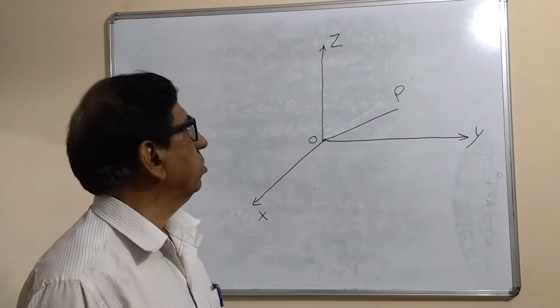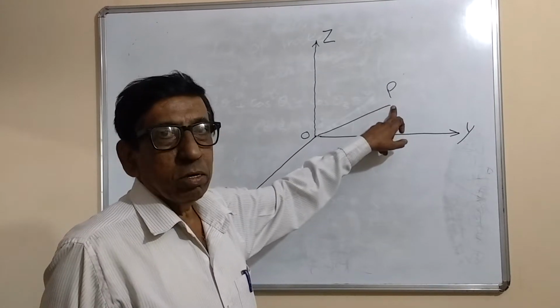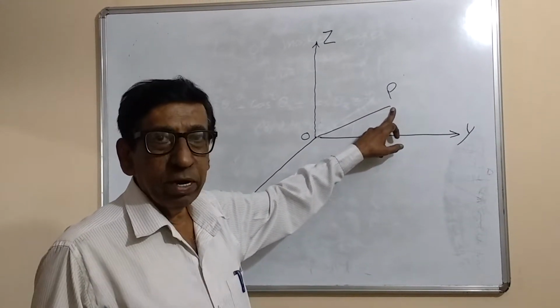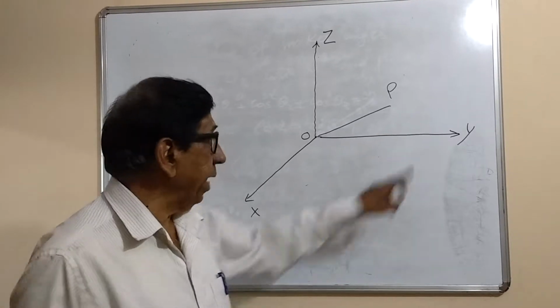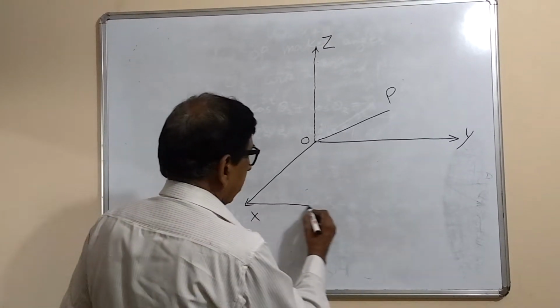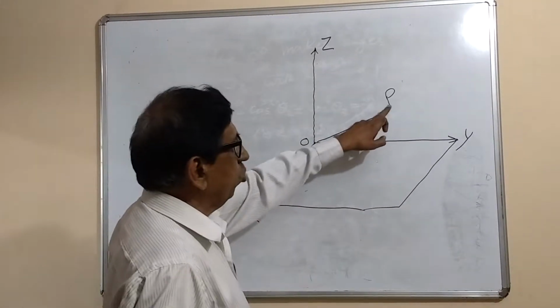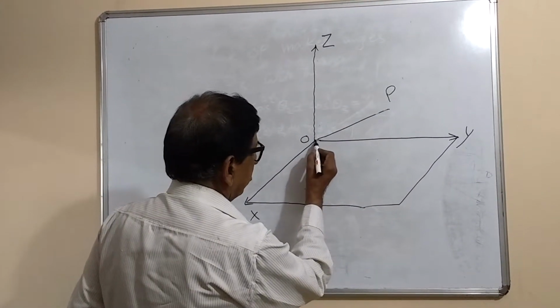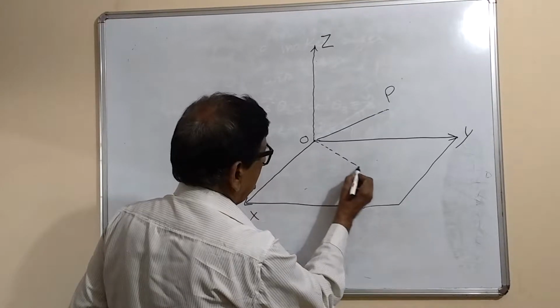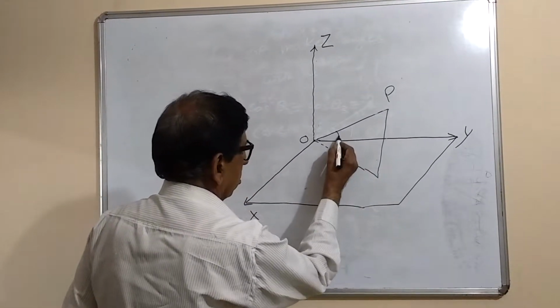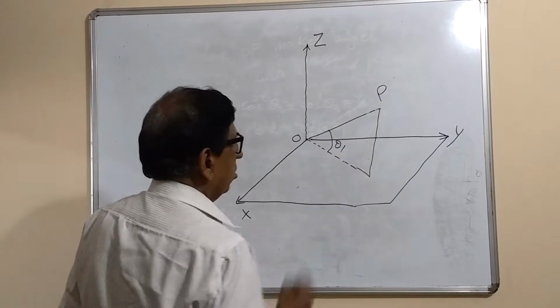Now look here. This is the line OP which is making an angle of theta 1 with xy plane. This is the xy plane. The angle made by OP with xy plane is theta 1. This angle is theta 1.